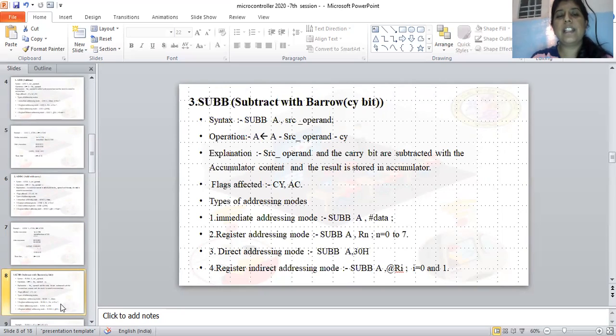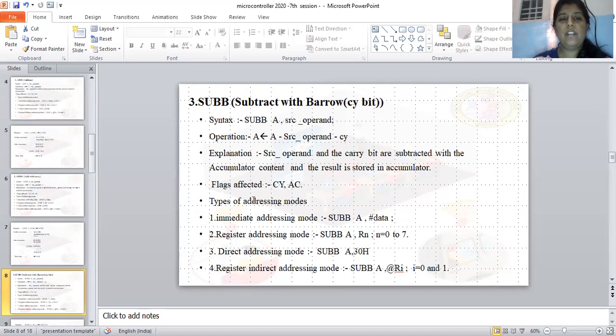Here the source operand will be subtracted from the content of the accumulator register, and the carry bit will also be subtracted, and the result will be stored into the accumulator register. After the execution of this instruction, two flags will be affected, that is carry flag and auxiliary carry flag.